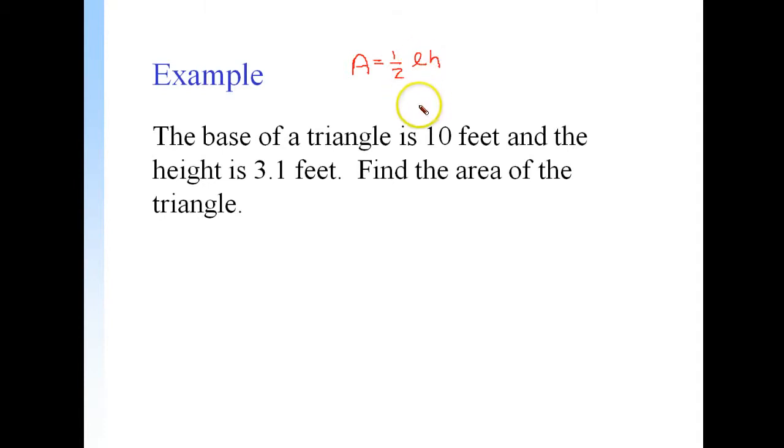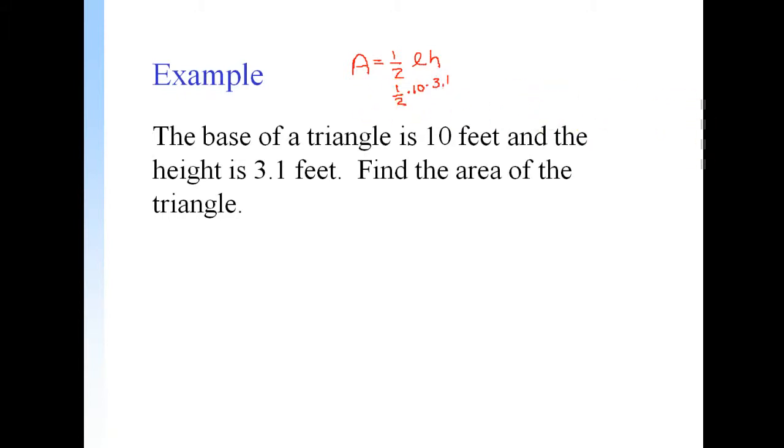That should be a b. And we just substitute the formula into it. 1/2 times 10, put a dot there, times, this dot up toward the middle indicates multiplication, 3.1. Now the dot low indicates a decimal.